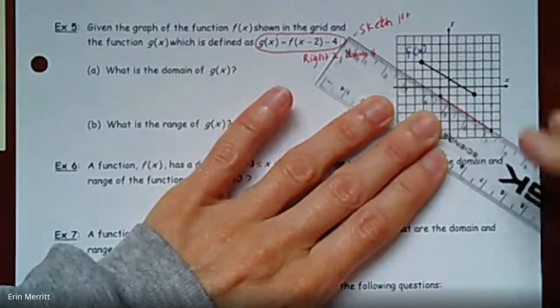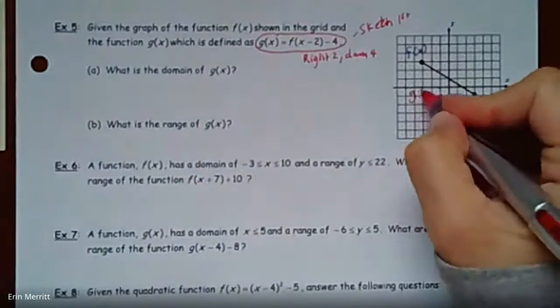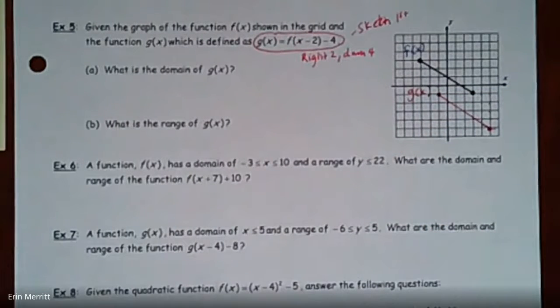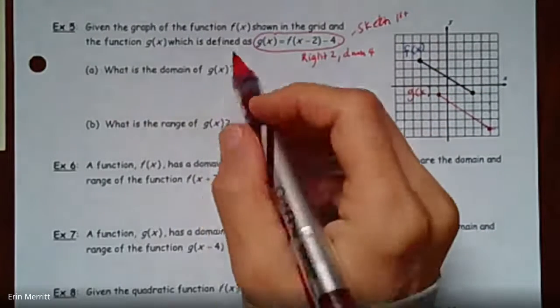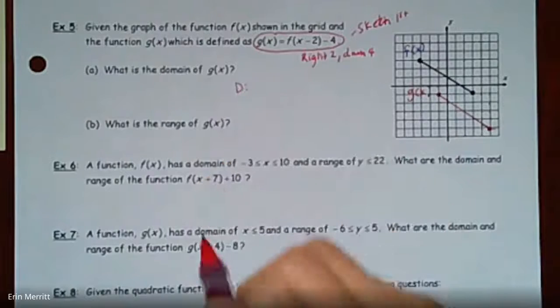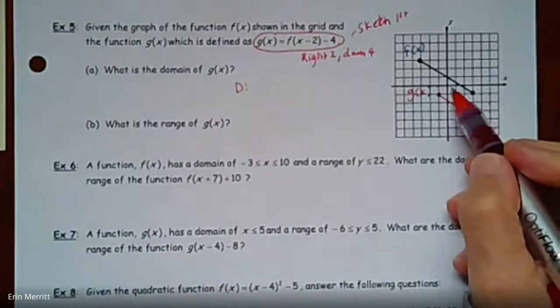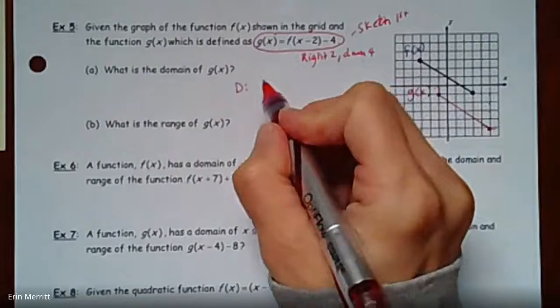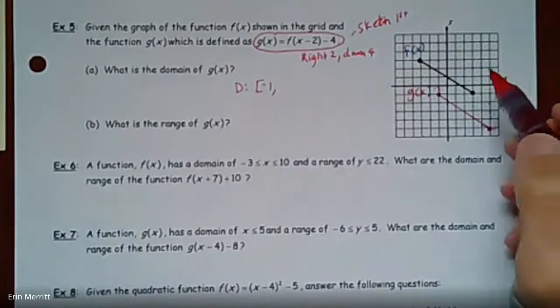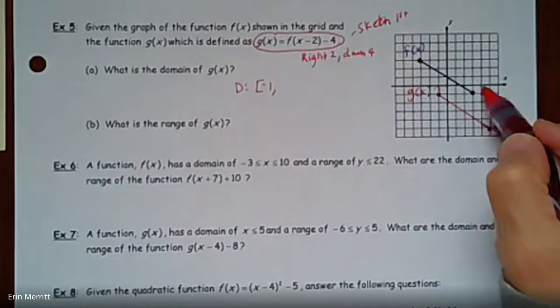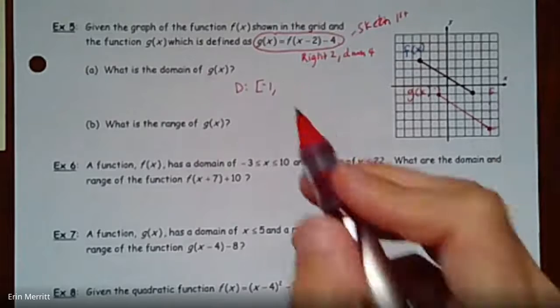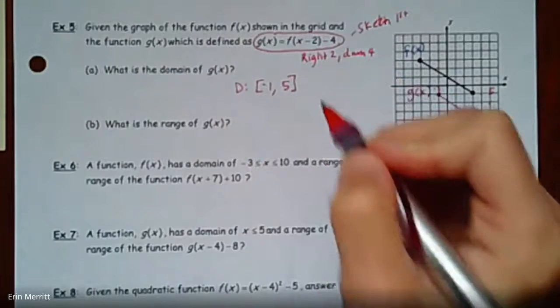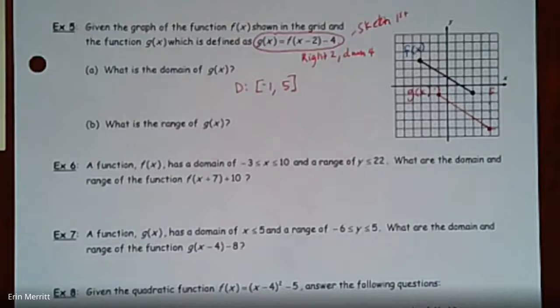So once you see it, it makes the question a little bit easier to answer. So in this case, we end up with the domain of g of x. So we're going left to right from -1 and then over to 1, 2, 3, 4, 5 is where it stops there. Excellent. All right. What's the range of g of x?